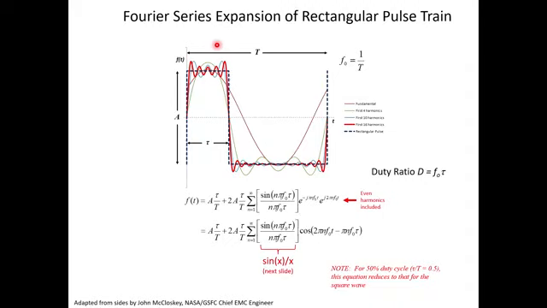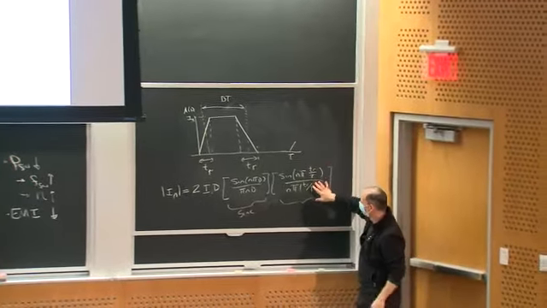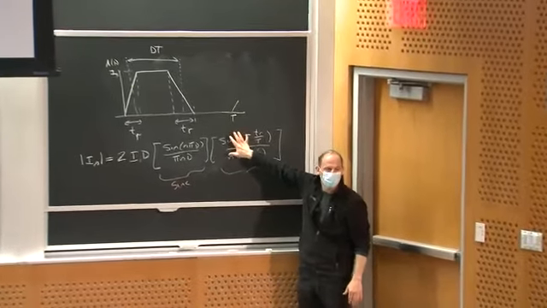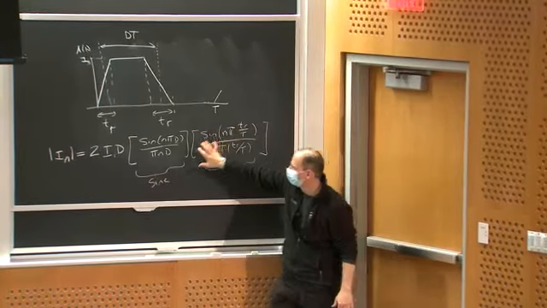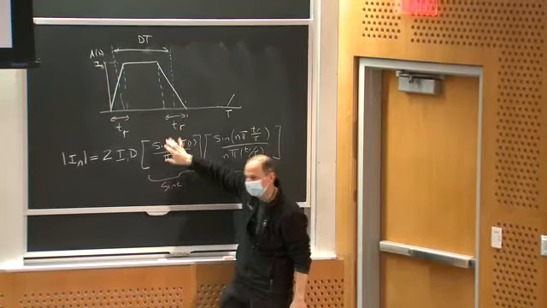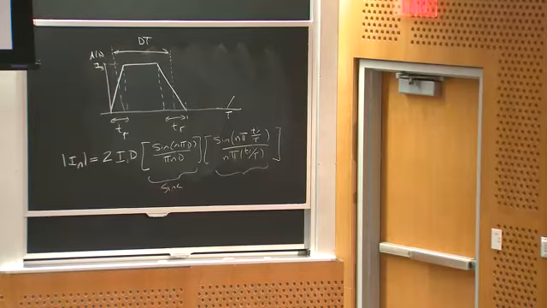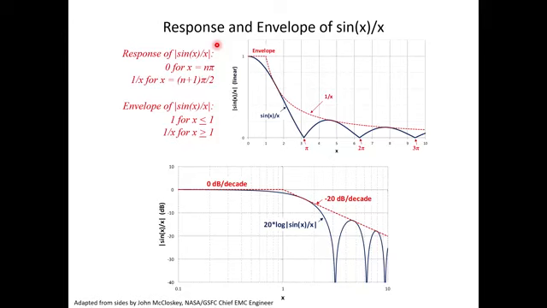And because I made t_r over T equal to 0, this whole factor just becomes 1. All right? So I get harmonics that fall off as a sinc function in frequency. Okay? So what does that look like? That looks exactly like this. So here's exactly the envelope I'm talking about.